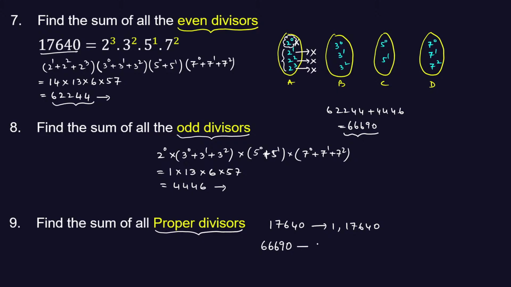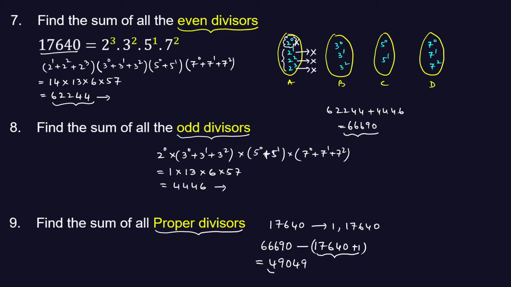Now if we subtract 17640 plus 1 from here, we are simply eliminating the number itself and 1 from the sum of the divisors. So the sum of all the divisors of 17640, if we subtract it, we are going to have 49049. Okay?